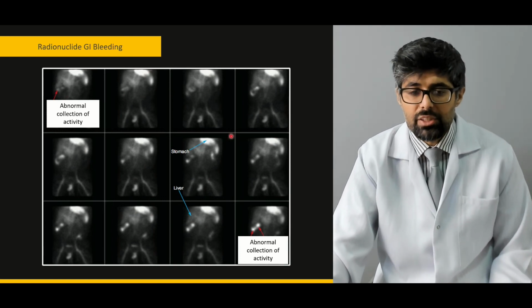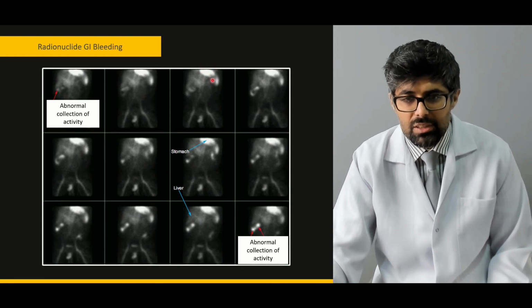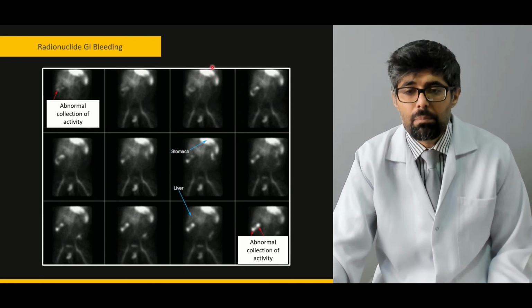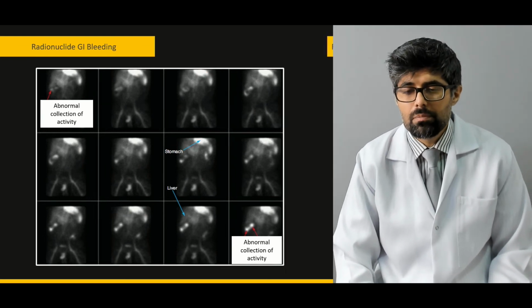So this series of images shows us that it is an upper GI bleed, because the bleed is happening in the upper region of the abdominal cavity.